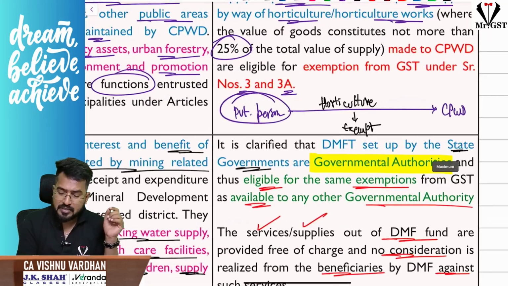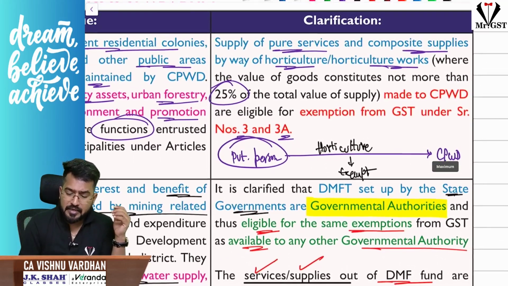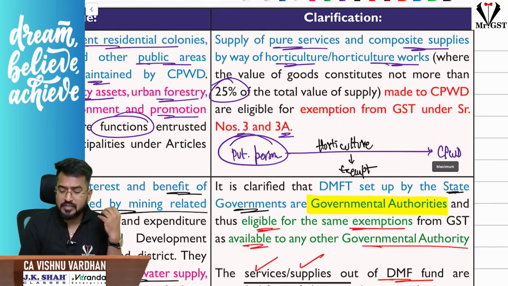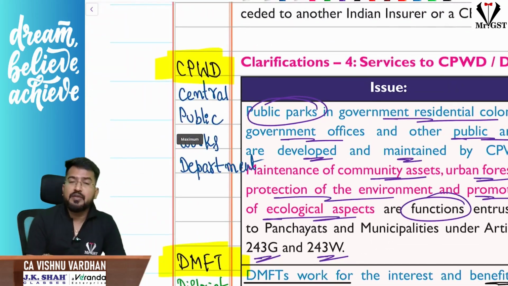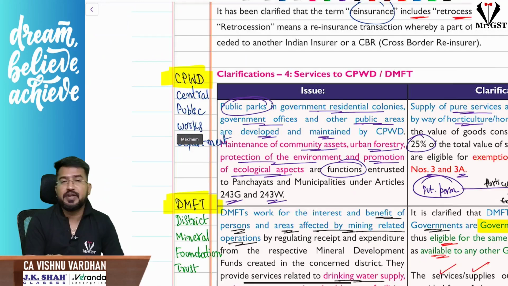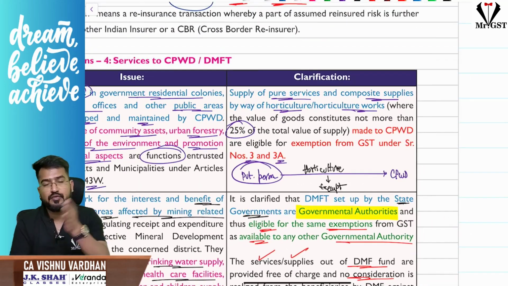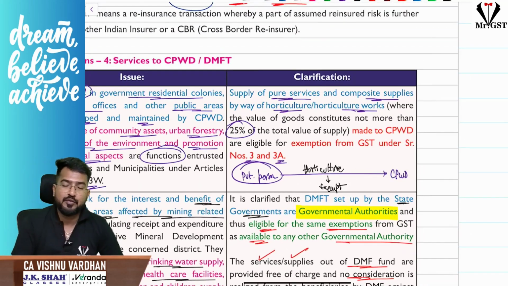So a private person providing maintenance by way of horticulture works to CPWD, the Central Public Works Department, whether purely service or 75% service and 25% goods, that is also exempt under GST. That is one thing there.